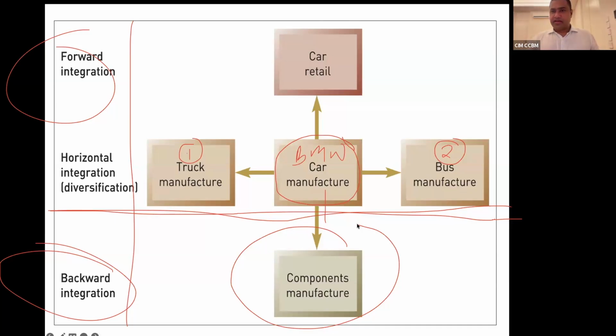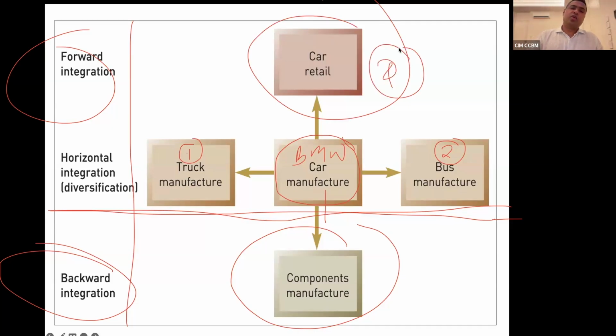That's called backward integration. And forward integration is when you go and buy a distributor. So example for BMW, you go and buy one of the biggest retailers. Like let's say Toyota goes and buys Indra Traders.